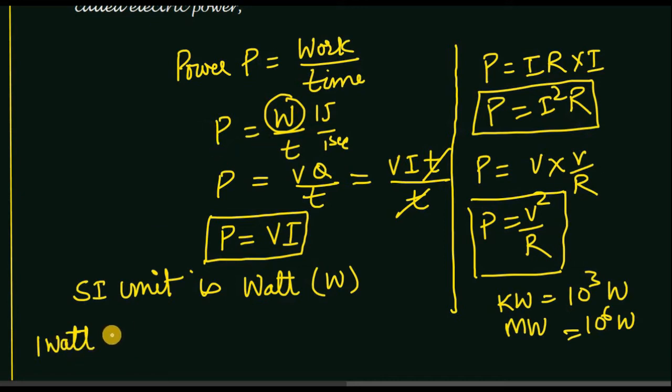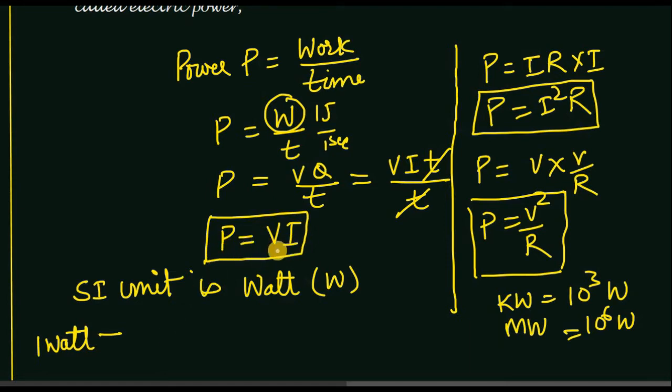So if any appliance uses 1 joule of energy in 1 second, then its power is 1 watt. You can read the definition from the book. If any appliance uses 1 joule of energy in 1 second, then its power is 1 watt, or does 1 joule of work in 1 second, then its power is 1 watt.